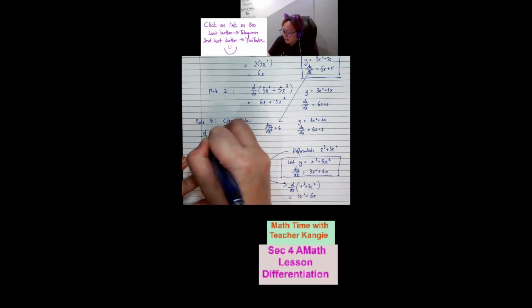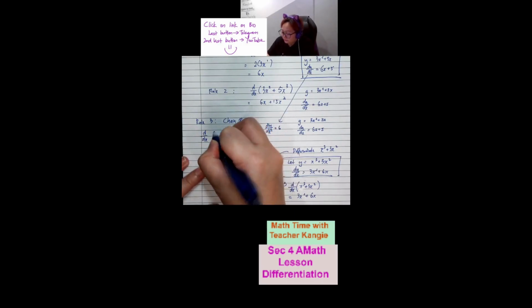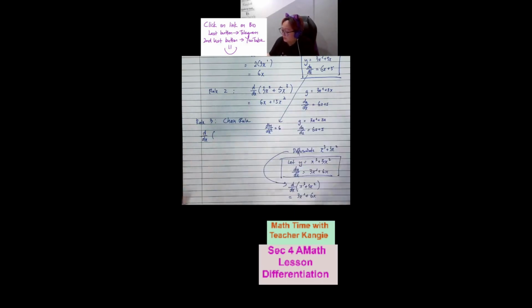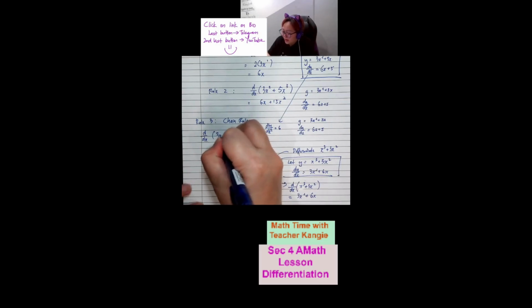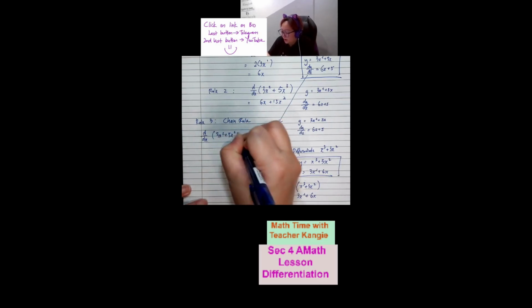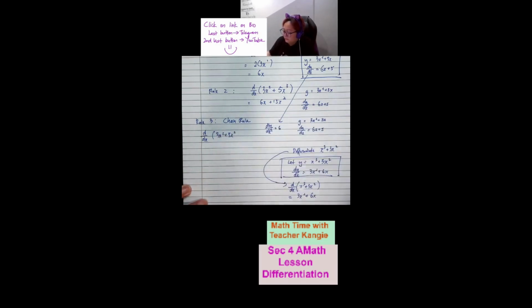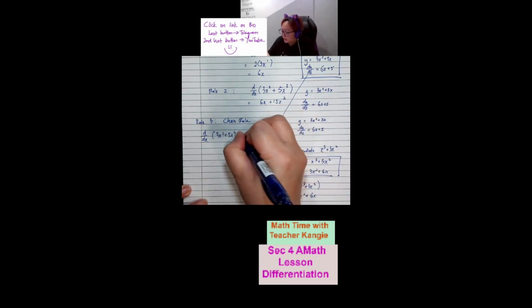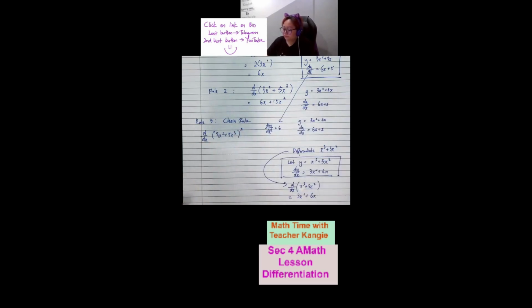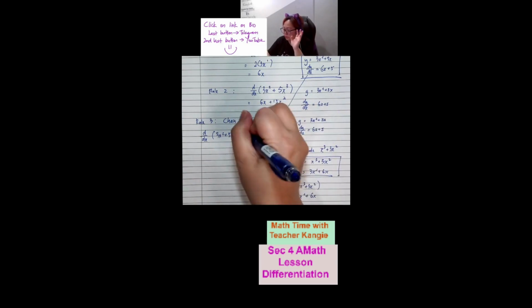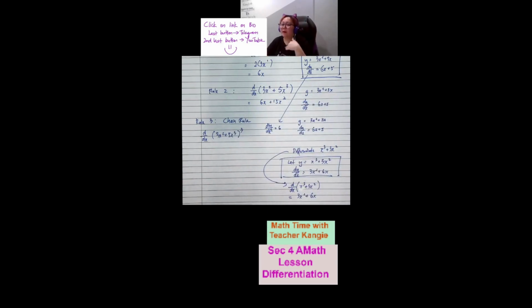Say for example, I want to differentiate 3x squared plus 5x squared, and I'm going to put a cube, then to the power of 2. Actually it should not be 2, maybe 3, because to the power of 2, usually I don't use chain rule. To the power of 2, I can just expand and then apply rule 1, rule 2.